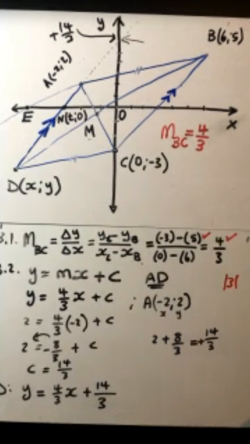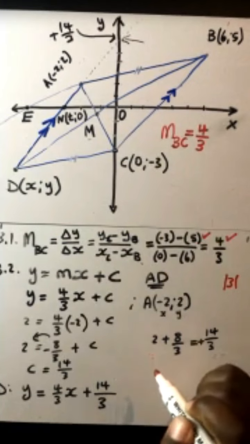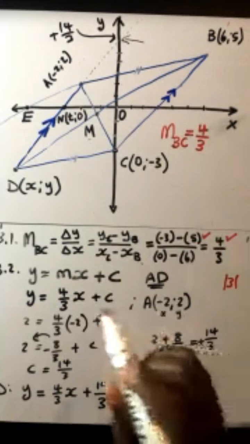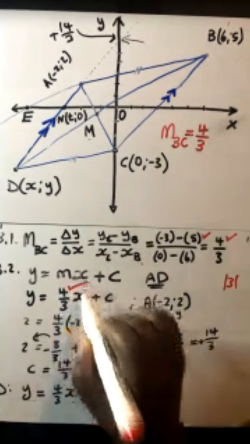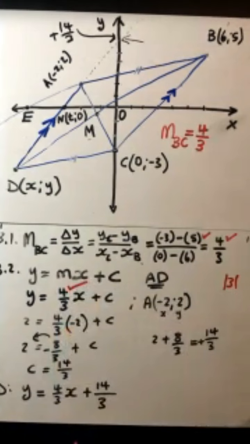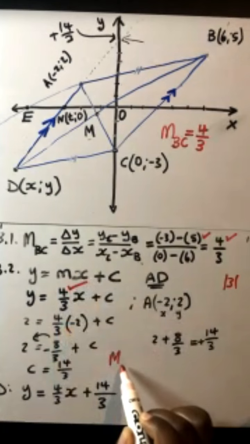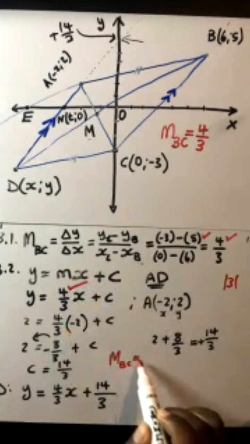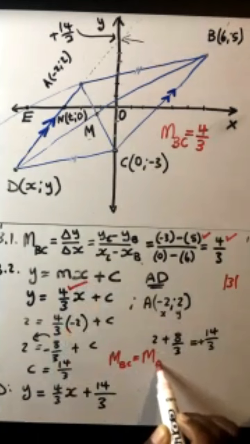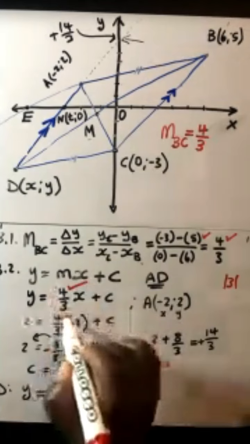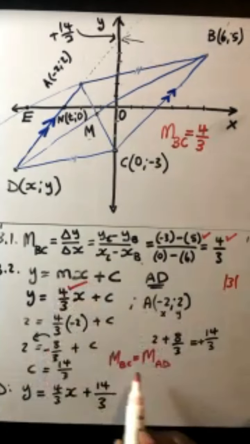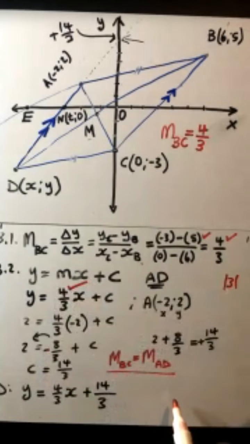So now, where are you getting your marks? For you to say this, ladies and gentlemen, they give you a mark. This is you saying the gradient of BC is equal to the gradient of AD. So you substituted it there knowing that the gradient of BC is equal to the gradient of AD. Why?